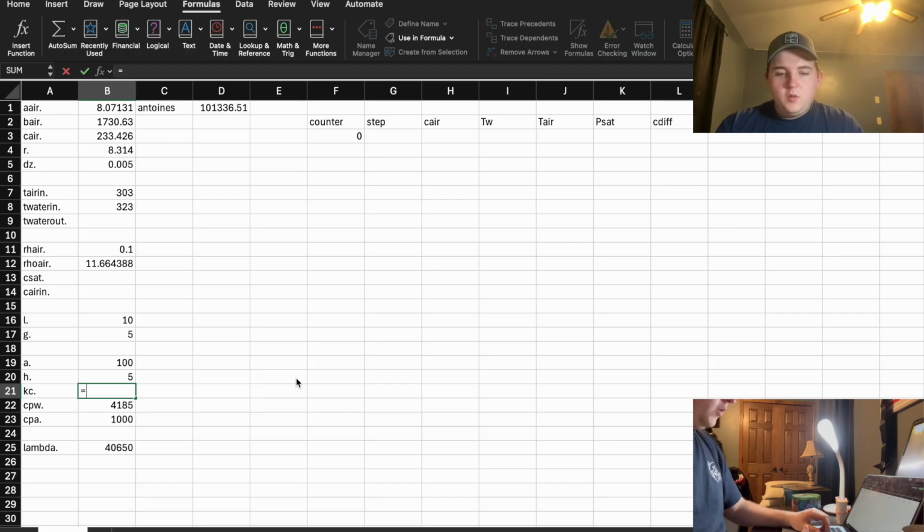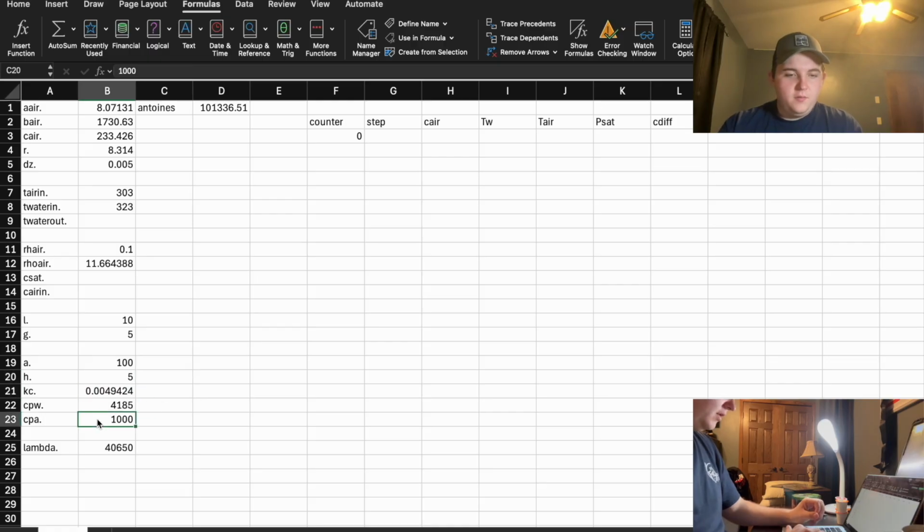Okay, and that will be equal to our h dot divided by our rho air dot, and then times our cpa dot. Looks good. And then we can just solve for our final values that we still need.